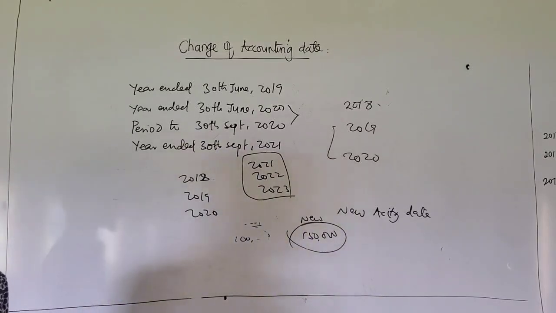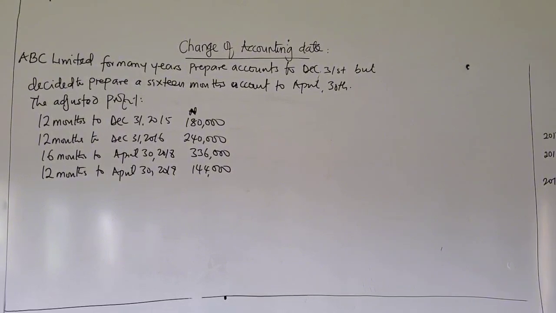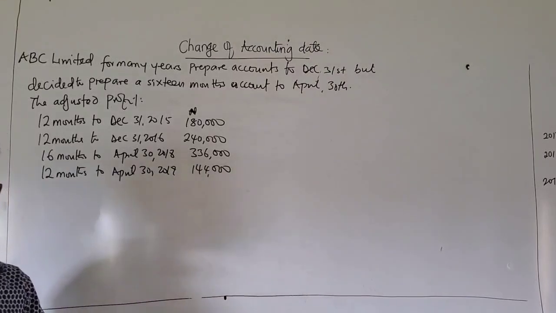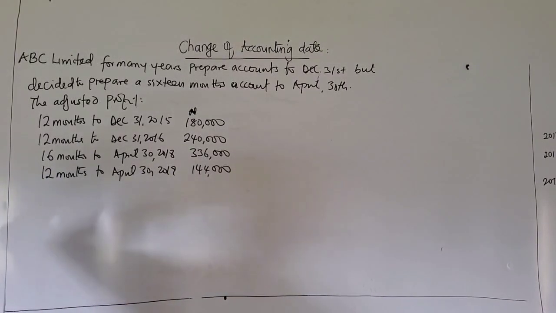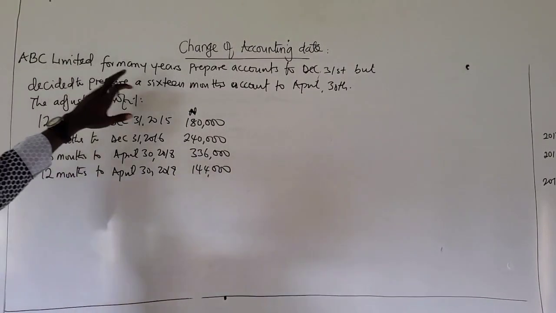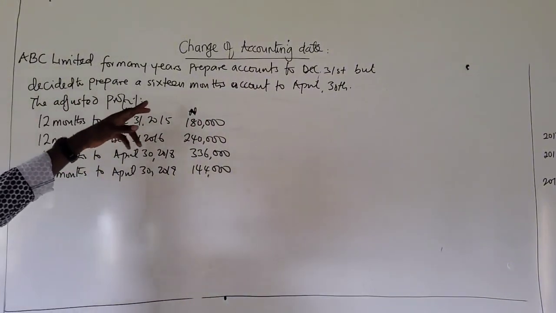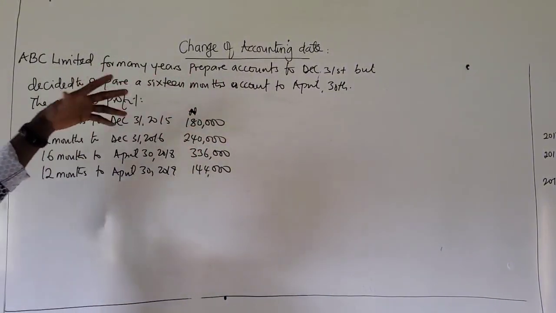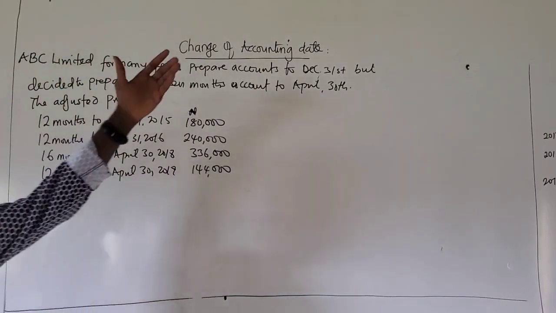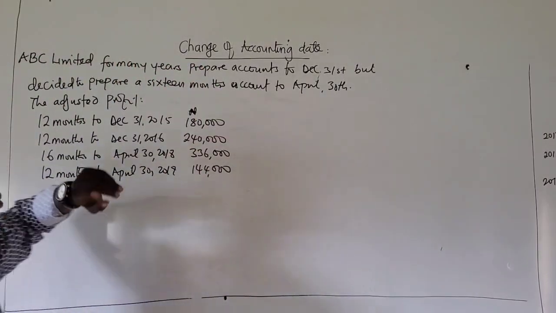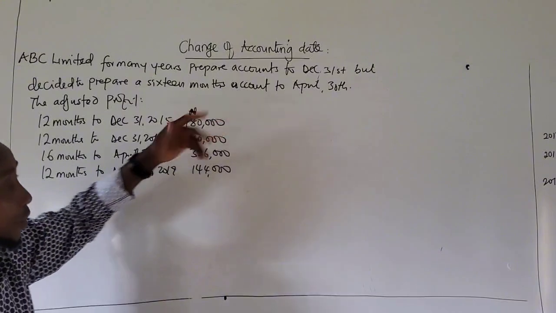So let's take a practical question to illustrate all of this. Okay, so this is a practical question to illustrate the explanation so far. ABC Limited for many years prepared account to December 31st, but decided to prepare a 16 months account to April 30th. So they are changing the accounting date from 31st December every year to 30th of April.